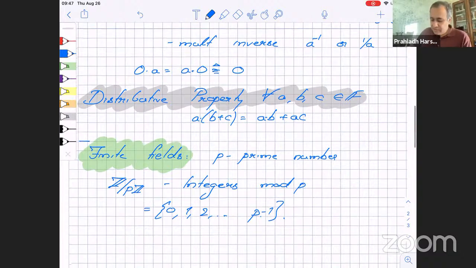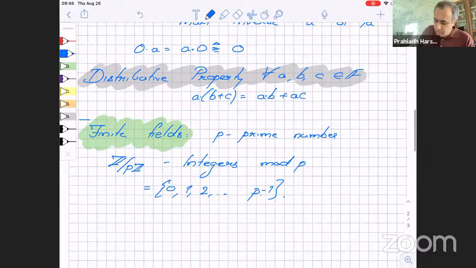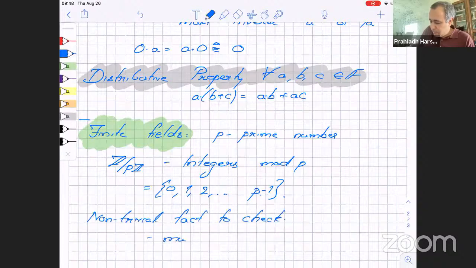Okay, why is this true? This is the only non-trivial fact to check. It is the notion of multiplicative inverse.